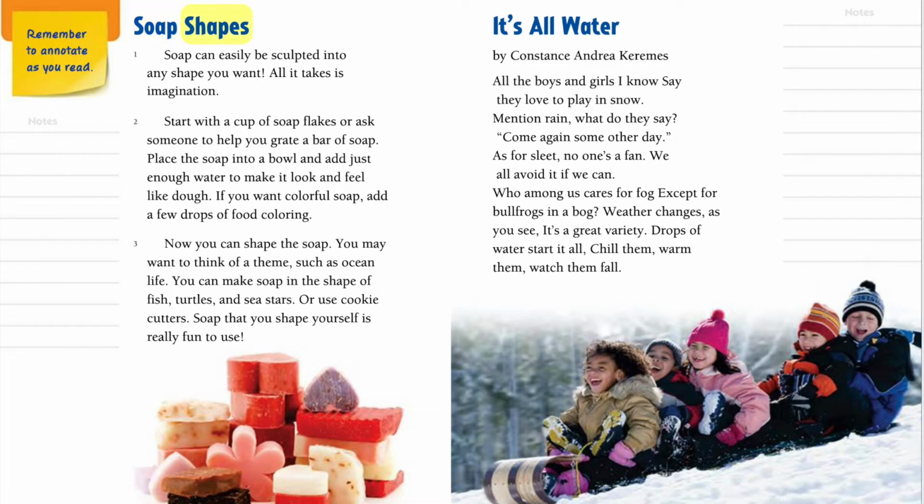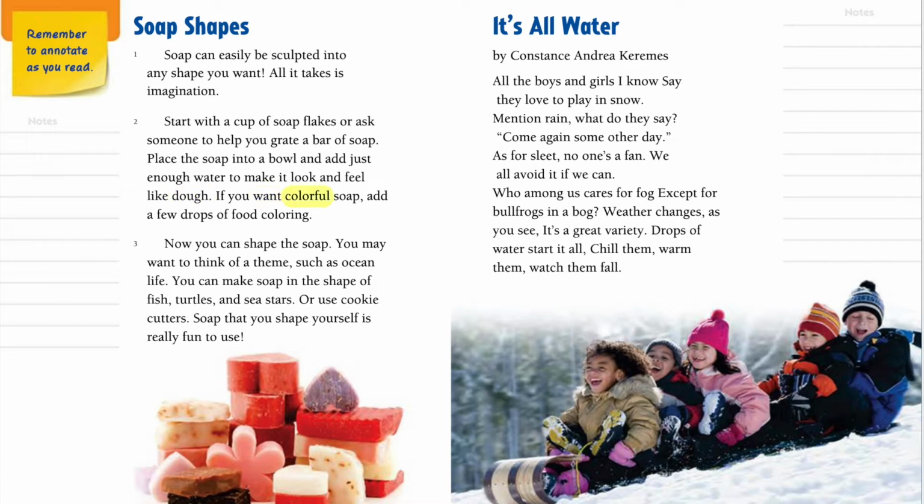Soap shapes. Soap can easily be sculpted into any shape you want. All it takes is imagination. Start with a cup of soap flakes, or ask someone to help you grate a bar of soap. Place the soap into a bowl and add just enough water to make it look and feel like dough.